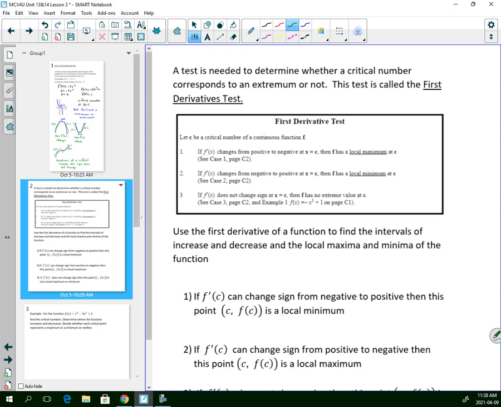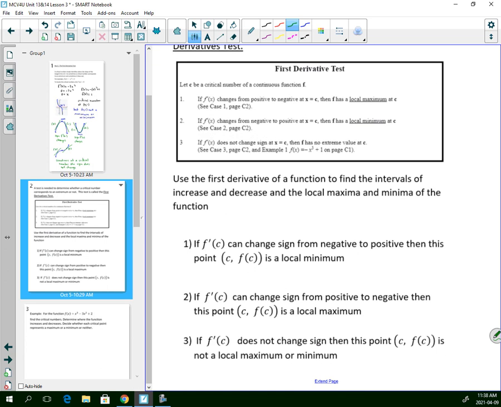So this leads us to the first derivative test. It is a test that is used to determine whether a critical number is an extremum or not. If the derivative, the first derivative, changes from a positive to a negative, then it will be a local maximum. So that's what we just looked at here.